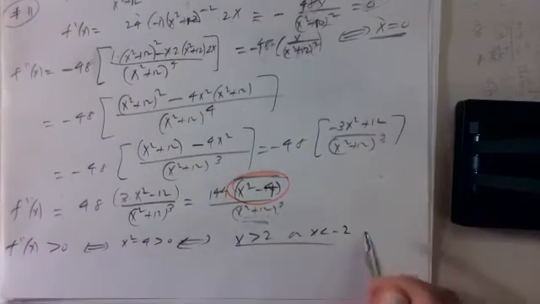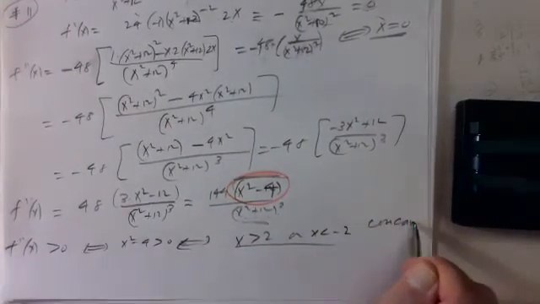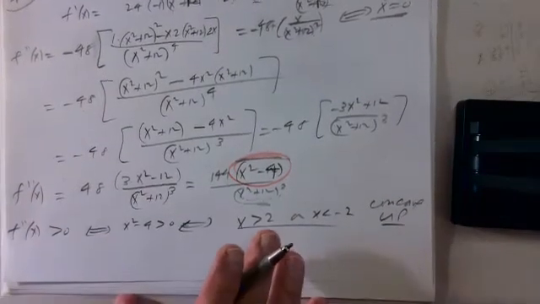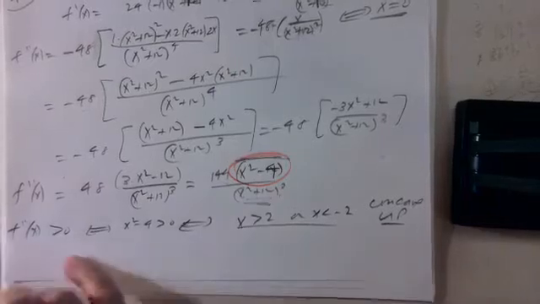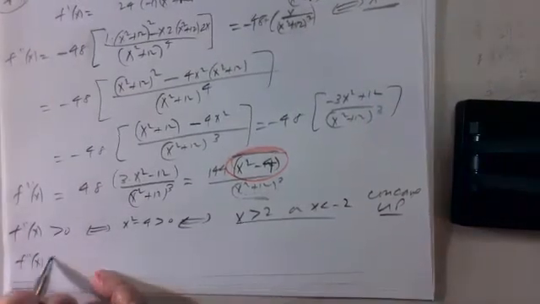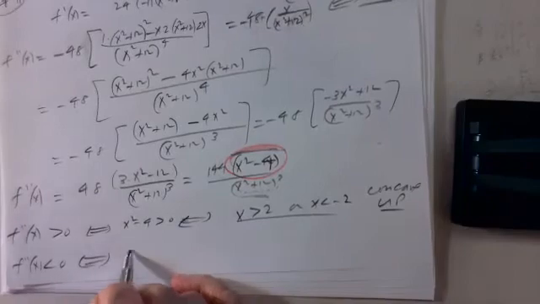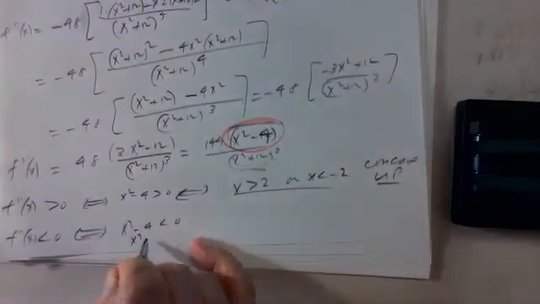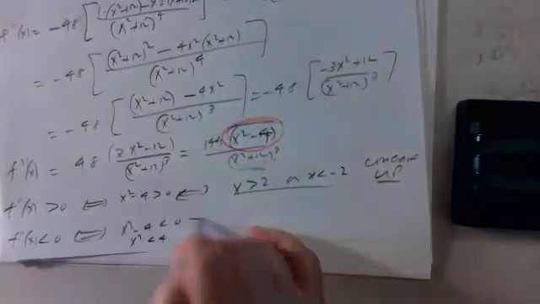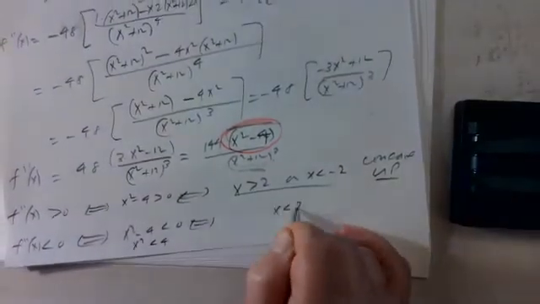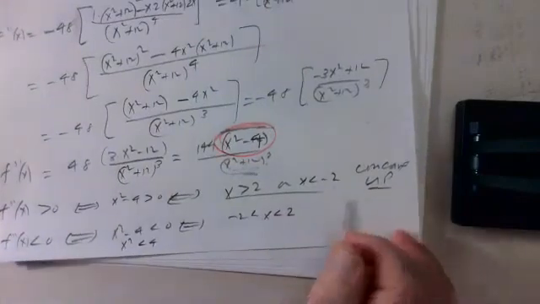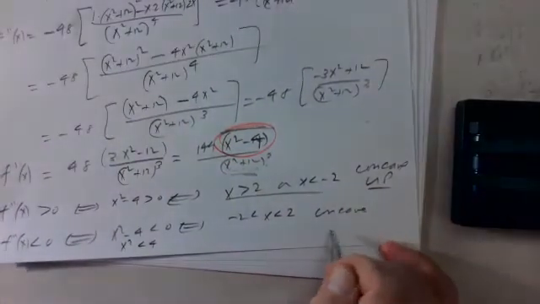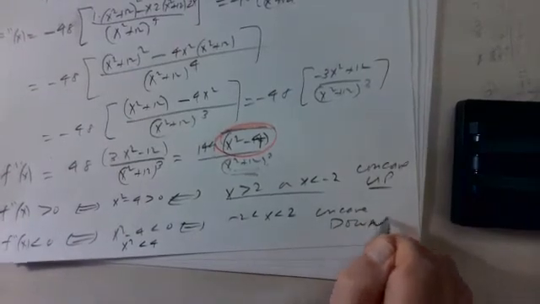And in this region, the curve is concave up, because that's where the second derivative is positive. The second derivative is negative when x squared minus 4 is negative, that means x squared is less than 4. That's the same as saying x is less than 2 and greater than negative 2. So in this interval, the curve is concave down.